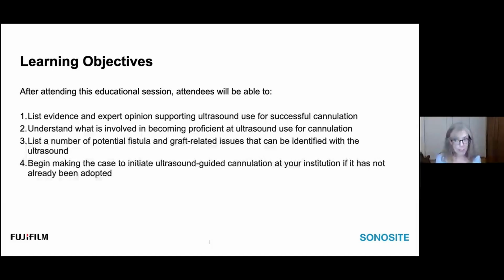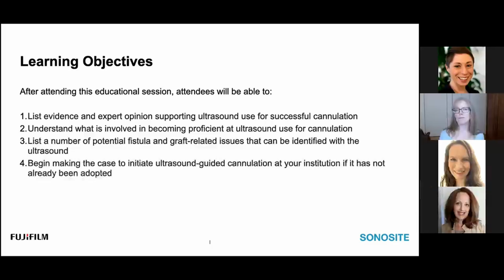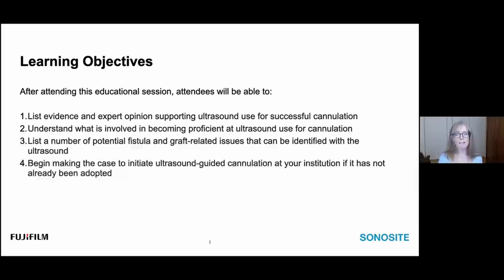In providing you with today's education session, I think it's only prudent for us to discuss what we hope the learning objectives will be. At the end of this educational session related to ultrasound-guided cannulation in the hemodialysis unit, I hope that you will be able to do the following. First, list evidence and expert opinion supporting ultrasound use for successful cannulation in the dialysis unit.